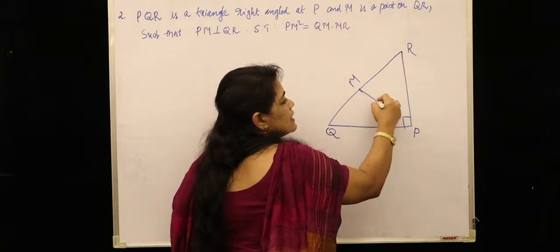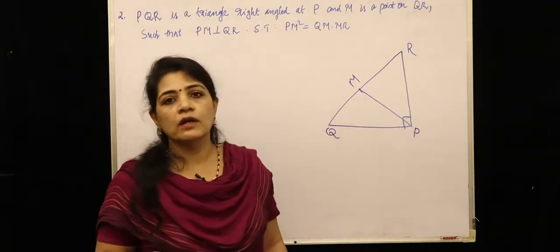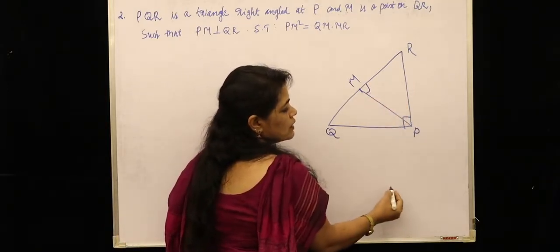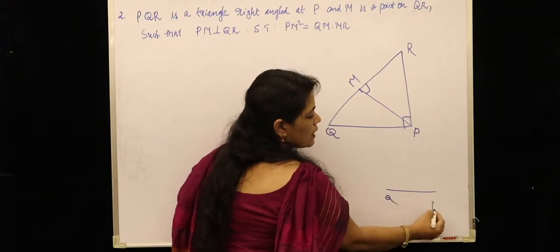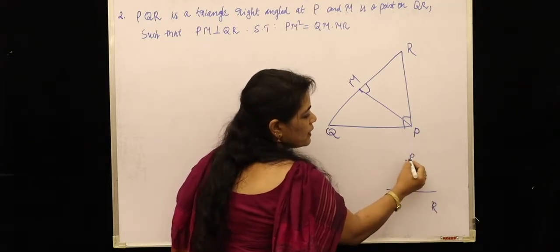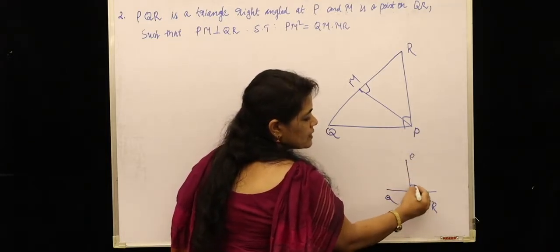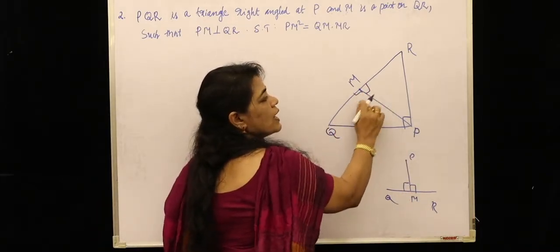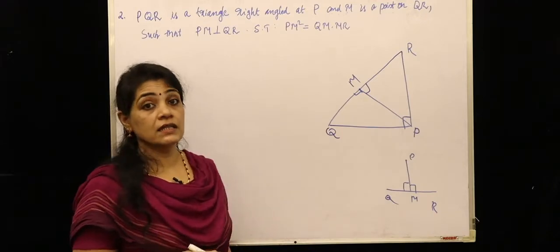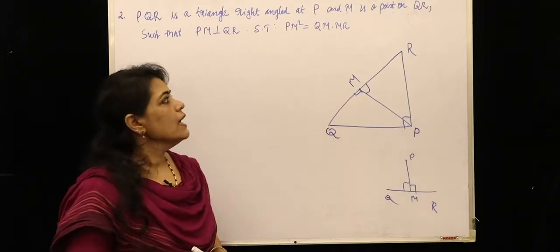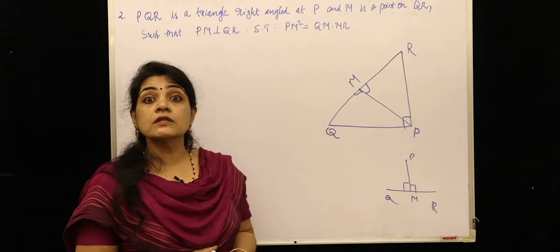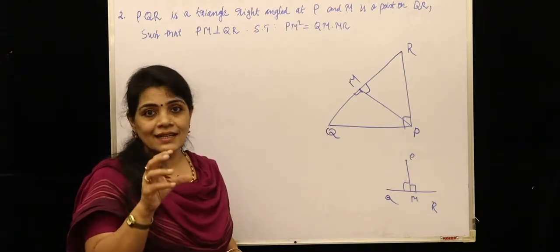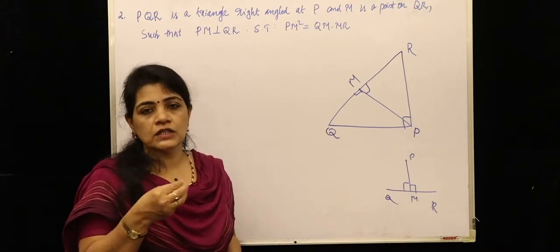Since it is right angled at P, we have PQR and M is a point on QR such that PM is perpendicular to MR, which means this angle is 90 degrees. See children, this is QR, and from the point P, this is PM. That means both of these angles of the two triangles are 90 degree, and we have to prove that PM square. First of all children, you identify that this question is in terms of sides of the triangle.